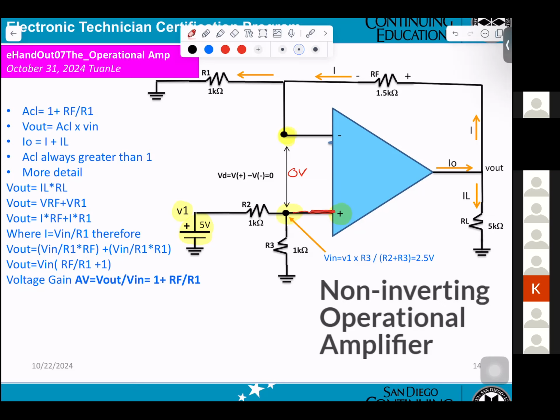So Mr. Pham, that's where you wrote it down in blue: Vn equals V1 times R3 divided by R2 plus R3, and it's 2.5 volts. And where the red arrow is pointing to the black dot, that's Vn, for the purpose of touching the plus sign on the op amp.